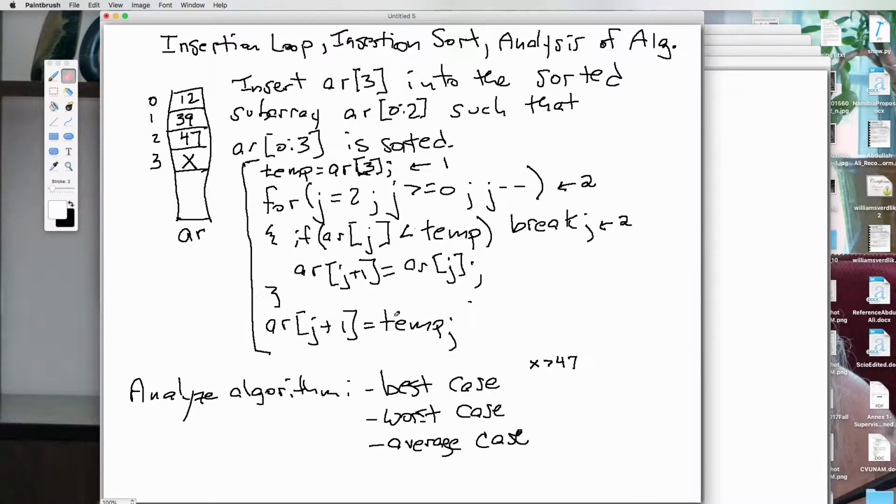And then I come down here and do an assignment statement, and that's 1. Now this is very informal, but I think you'll see where we're going. So we actually did 1, 2, 3, 4, 5, 6 operations. Okay, and that's the best case.